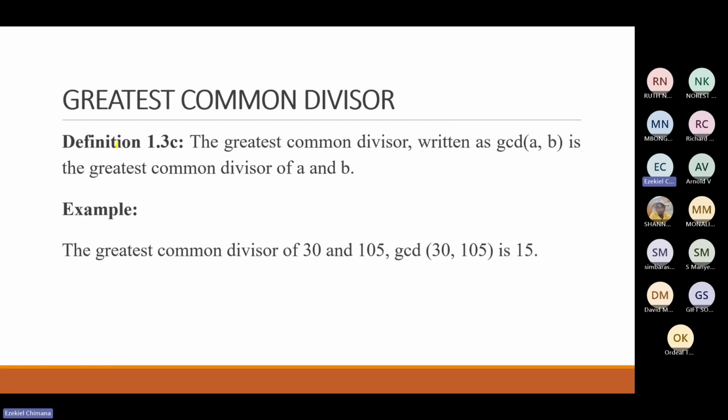It is just the number which gets into those numbers, but that number is their maximum, or their greatest. So maybe you have 20 and 40, and 2 can get into 20 and 40. Even 5 can get into that. Even 10 can get into that. But is it the greatest common divisor? That's the question.